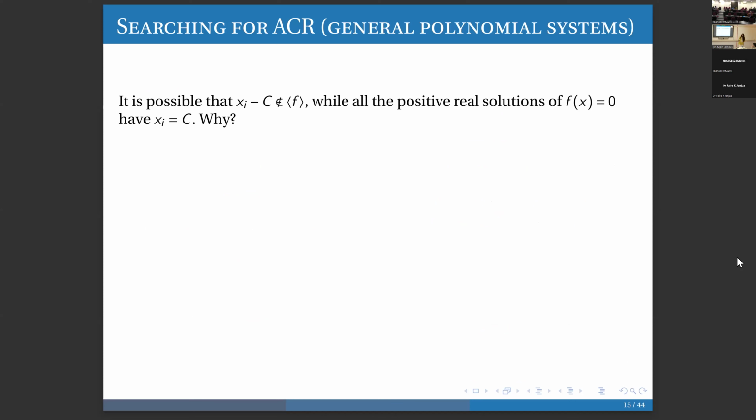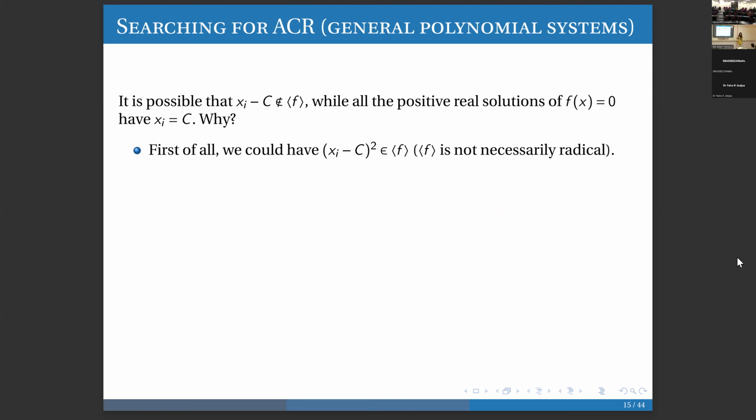So what would I do if I wanted to know whether a network has ACR? It is possible that such a polynomial is not in the ideal, and still all positive real solutions have a fixed value for it. I hope I convinced you. Yes, because we could have, for instance, a power that would go away if we compute the radical.